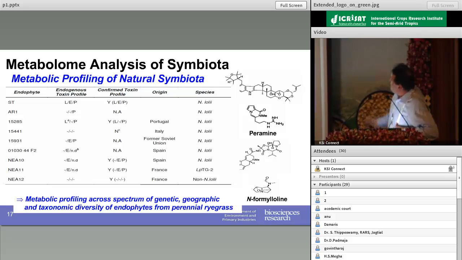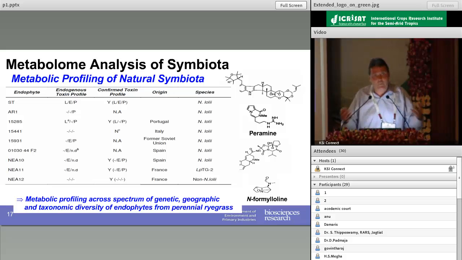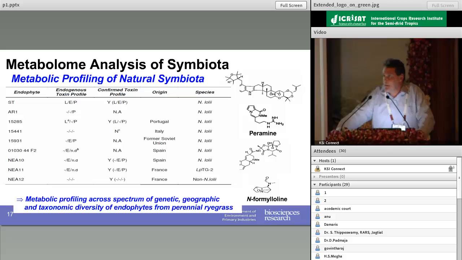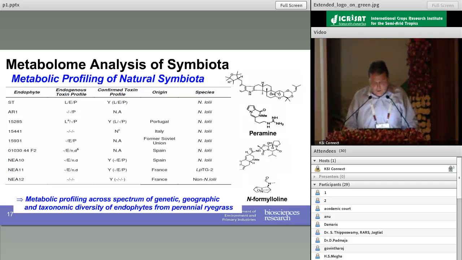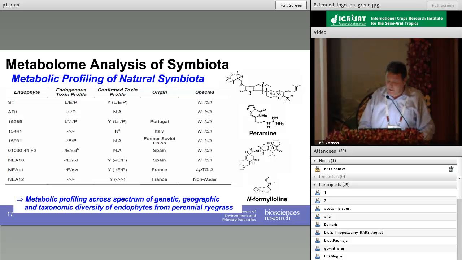We could compare some of the origins of those and the taxonomic groups they correspond to. So we do a comprehensive metabolome analysis and complement that with targeted metabolic profiling, particularly related to the production of the bioactive alkaloids. This is metabolic profiling across the spectrum of the genetic, geographic, as well as taxonomic diversity of fungal endophytes that form associations with perennial ryegrass.